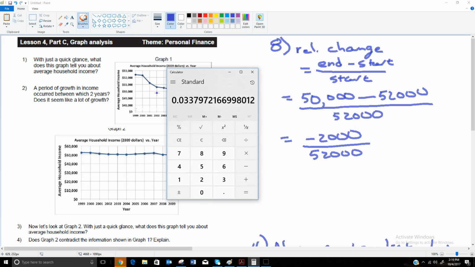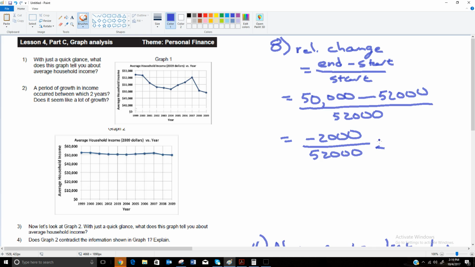Sorry, I was doing it on my own calculator. Let's do it so we can all see it. So 2,000, I'm going to make that negative, divided by 52,000 is a decrease of about 3.8%. I'm not going to round this 8 up, even though it's close. This is only a 4 here. So I'm going to not round this 8 up, and I'm going to write it as negative 0.038.